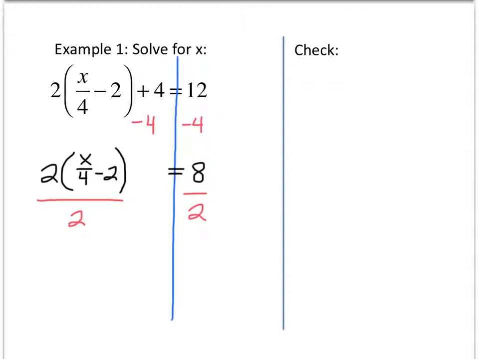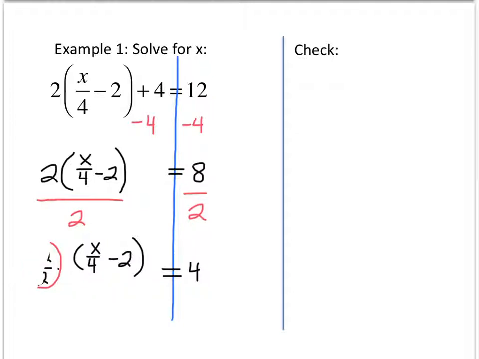Now, just to be clear, what's really happening is that we're recognizing that this becomes 2 over 2 times, in parentheses, x over 4 minus 2, equaling 8 over 2, which is 4. But I don't actually need to write this 2 over 2 over here, because I know that that is just equivalent to multiplying by 1.